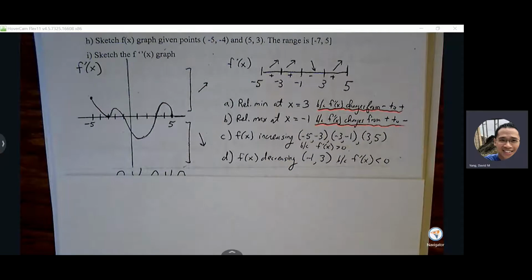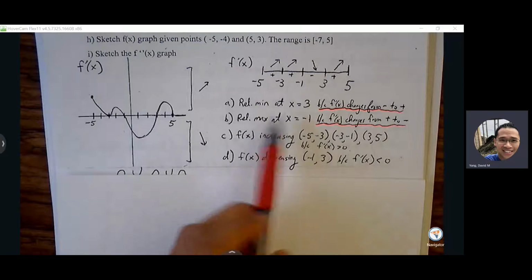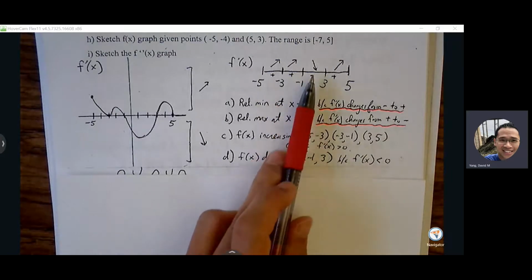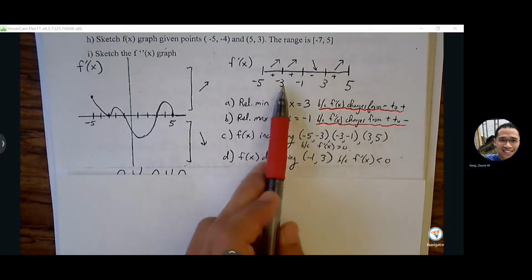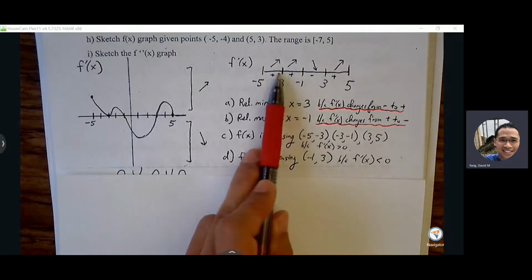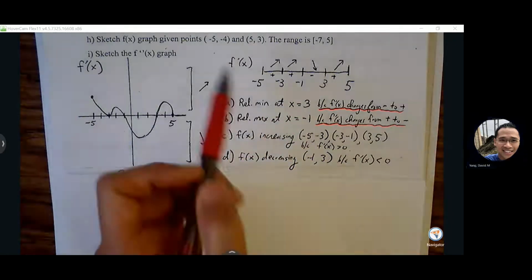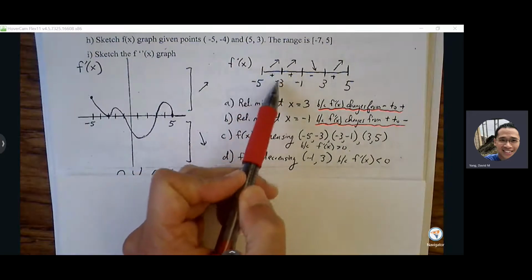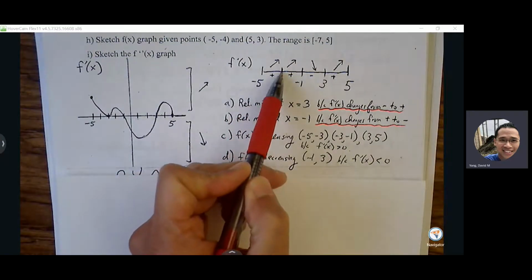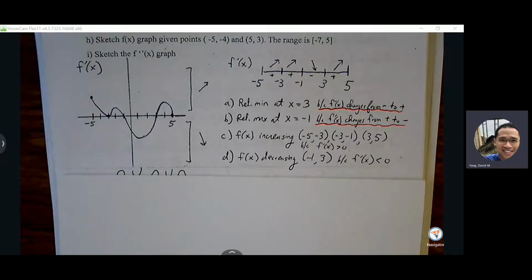But I'm going to specify on the test to write because statements for A through D. Relative max at x equals -1 because f prime changes from positive to negative. -3 is a critical point, but it's neither. There's no change in sign. The graph will rise. It'll level off for a moment because we know there's a slope 0 at -3, but it's going to continue rising, right? So it's neither a relative max nor a relative min.